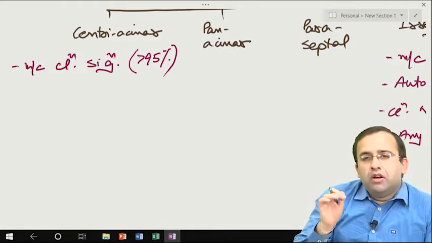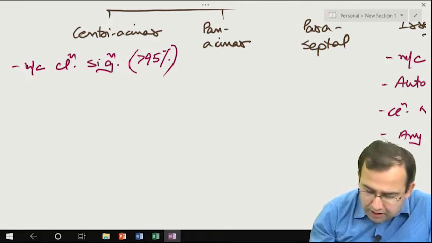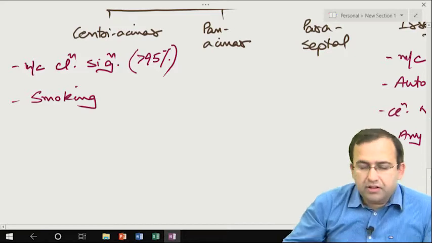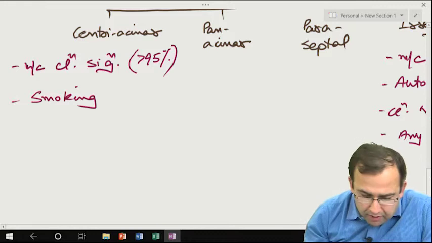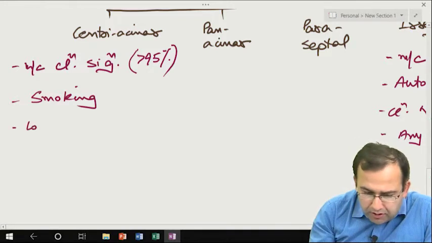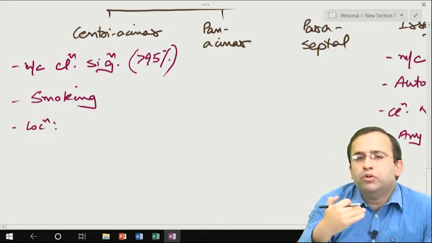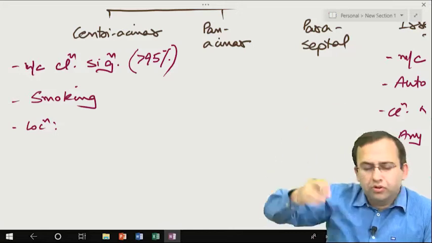Next point, which emphysema has the strongest association with smoking? Centriacinar. So the main risk factor for centriacinar emphysema is smoking, and it is the most clinically significant. Next, location. When we inhale air, more air goes to the apex of the lung. So when a patient is smoking, more smoke goes to apex.